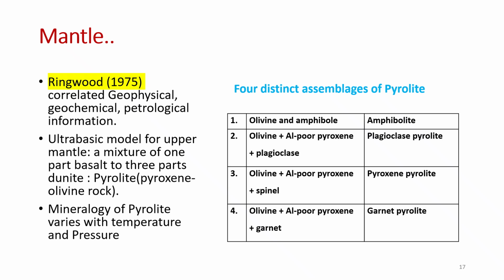The third includes olivine, aluminous pyroxene and spinel, named pyroxene pyrolite. The fourth includes olivine, aluminous pyroxene and garnet, which he has suggested as garnet pyrolite. So overall 4 distinct assemblages of pyrolite have been suggested by Ringwood.